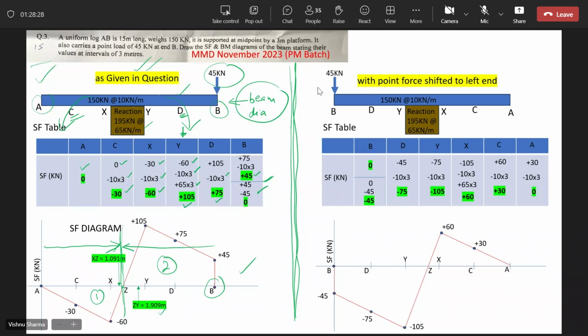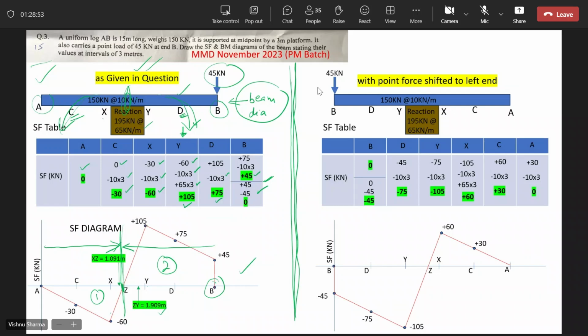Correct, sir. The right side is tending to bend about somewhere here, and the left side is also tending to bend somewhere here. Where will be the maximum bending moment? That will be the point Z here. Why? Because the maximum negative area will be here, and this area will also be maximum here. Yes or no? Where it is crossing the x-axis. Yes, sir.